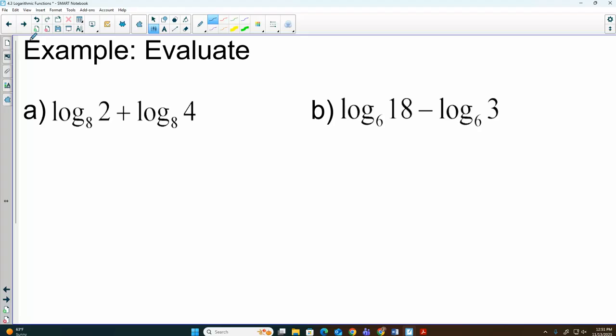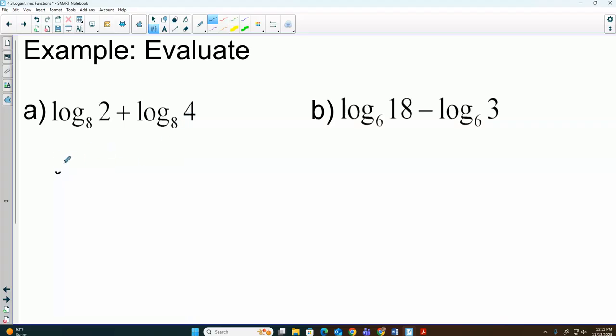So if I ask you to evaluate this, you might be able to do the first one, but it's asking me 8 to what power is 2? 8 to what power is 4? That's tricky because they're fraction powers, right?